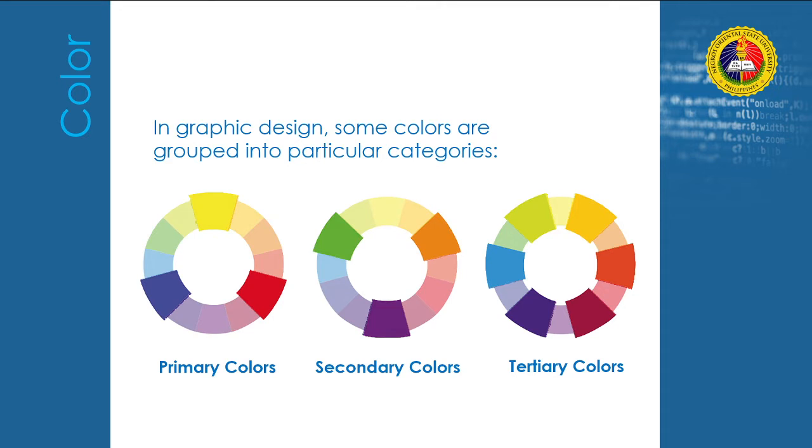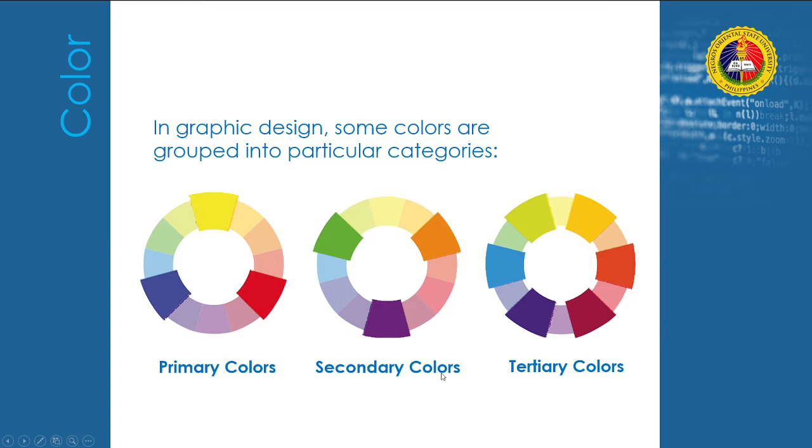The secondary colors, however, are the immediate results of mixing two primary colors. If we combine yellow and red, we come up with orange. If we combine red and blue, we come up with violet. And if we combine blue and yellow, we come up with green.